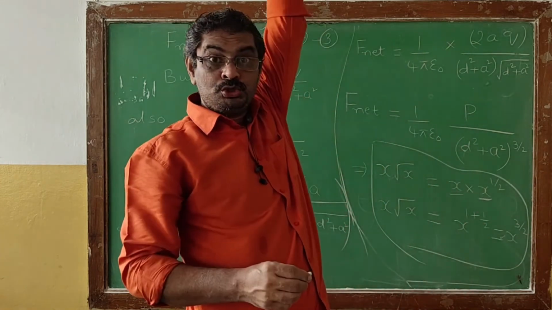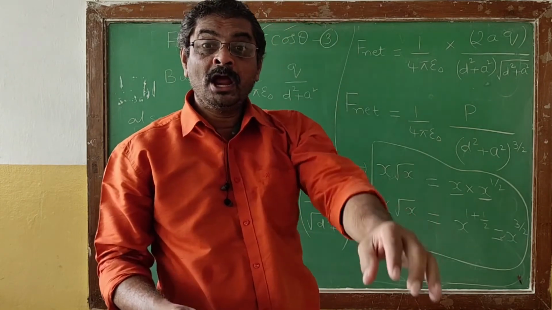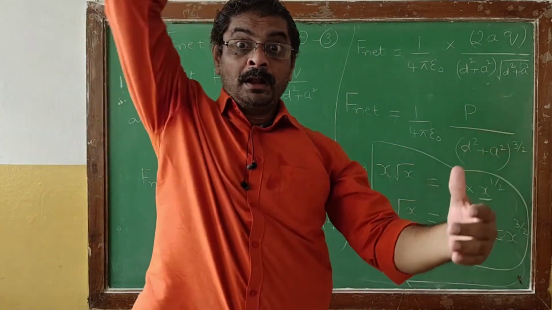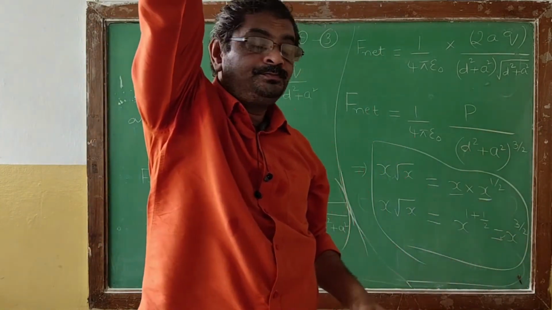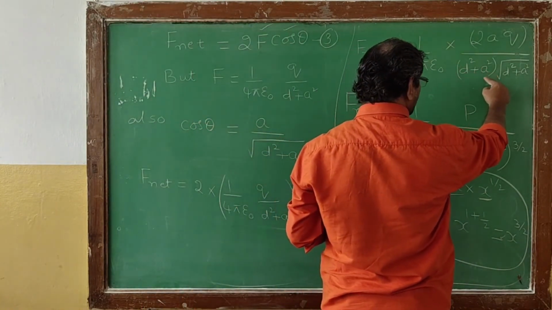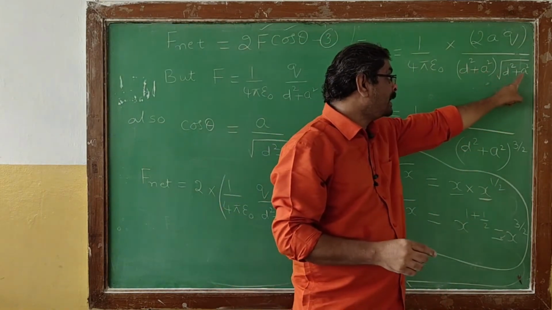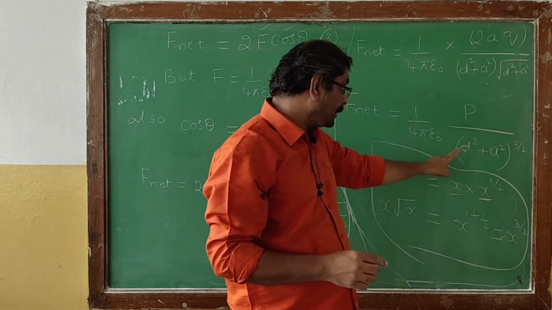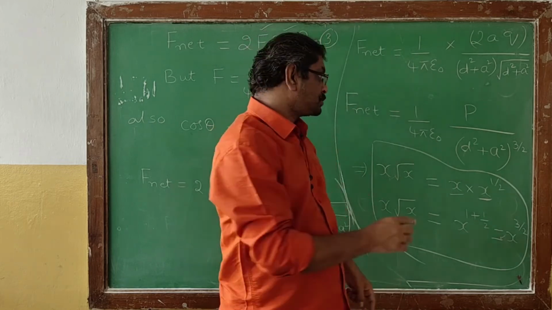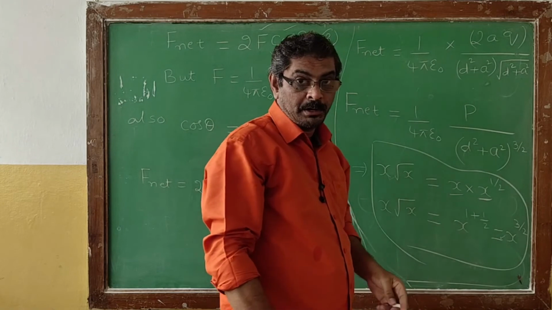Remember, you need not put this in the derivation, it's only for the convenience of the BPC people. So d square plus a square into under root of d square plus a square can be written as d square plus a square, whole power 3 by 2.